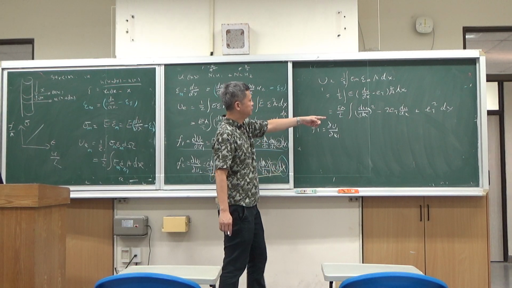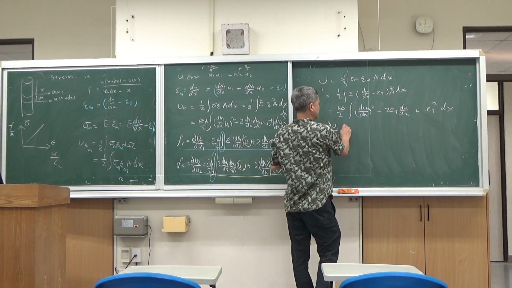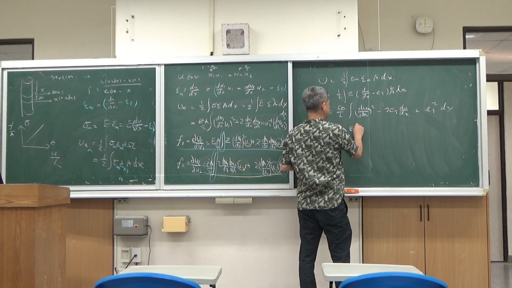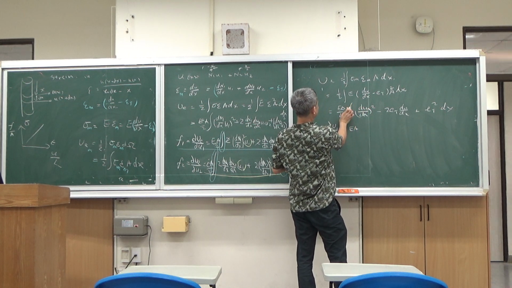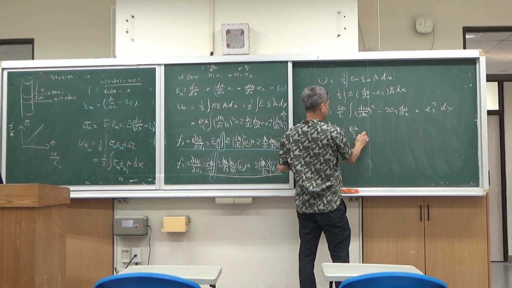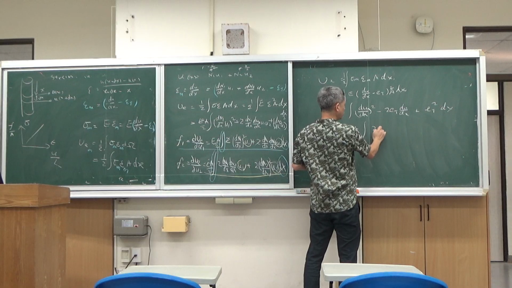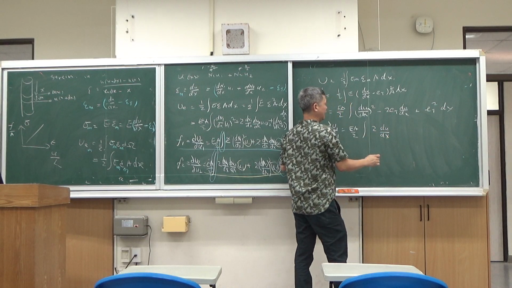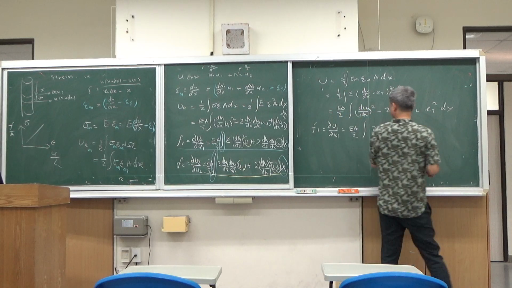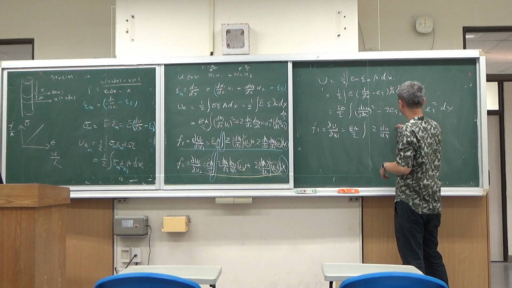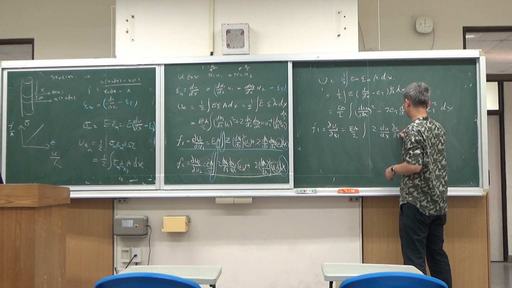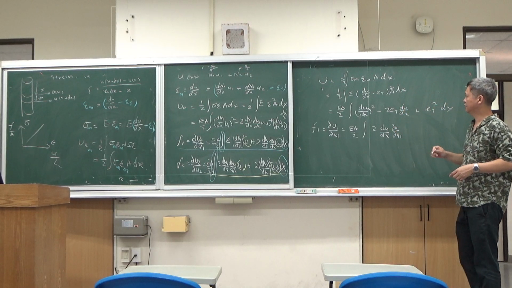Immediately you can see, if I'm going to take the gradient, I must have EA divided by 2, and then this is 2 du dx, and then you are going to do the partial differentiation with respect to U1.